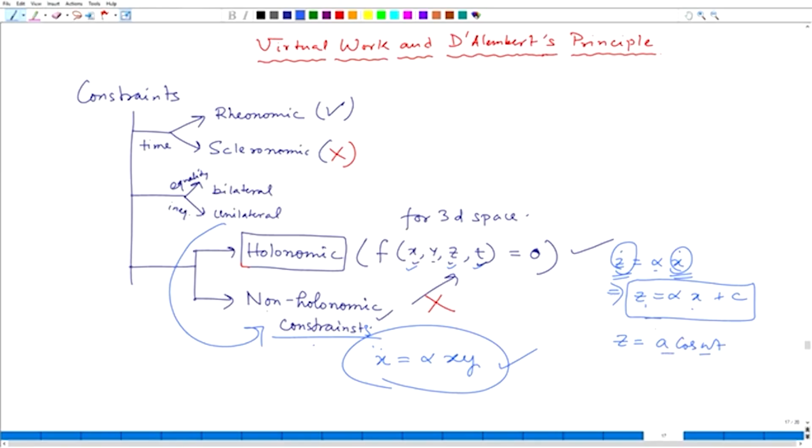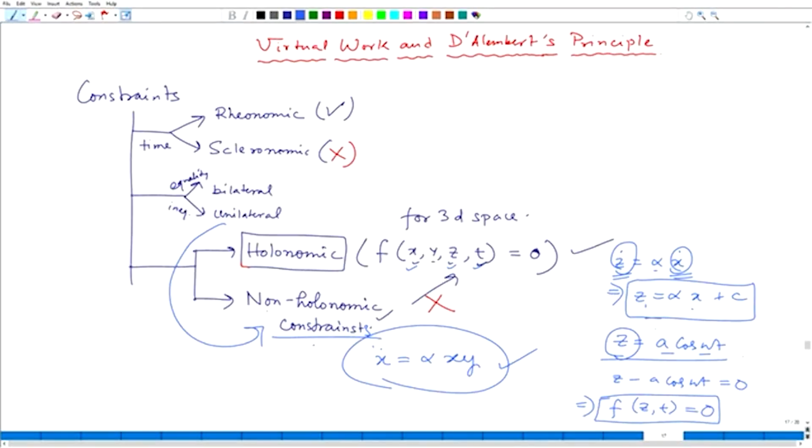Of course, from the definition we can understand that this is a constraint where you have z minus a cos omega t is equal to 0, and that means you can write f of z and t is equal to 0, and that is a holonomic constraint. So, your question can be: how can that reduce the effective number of independent coordinates?